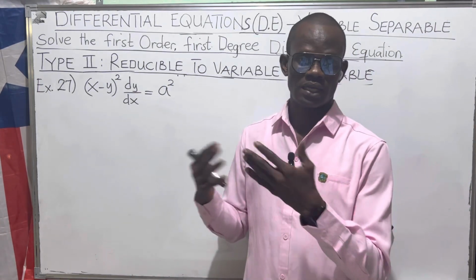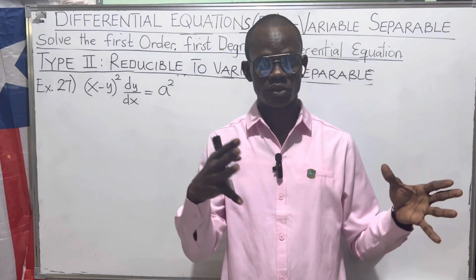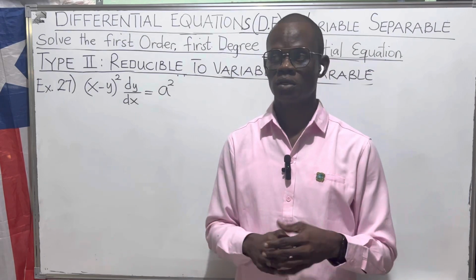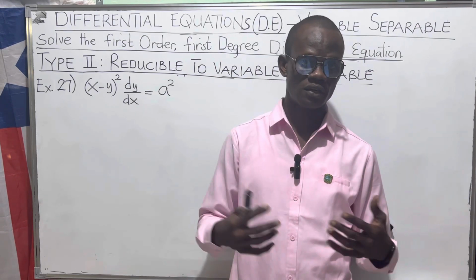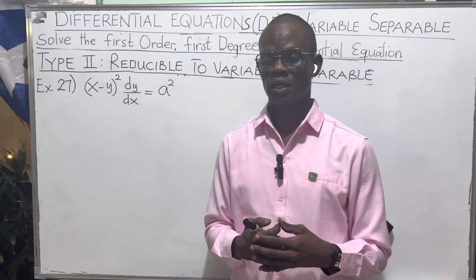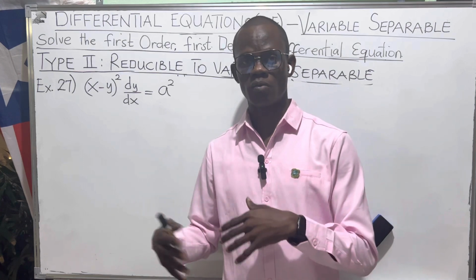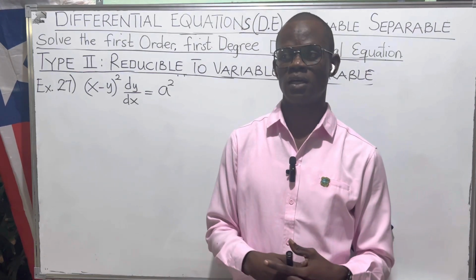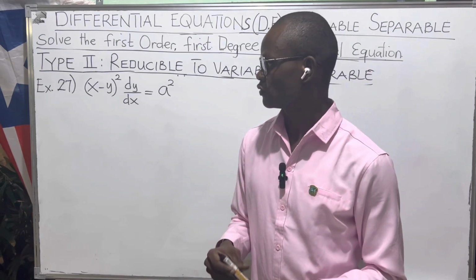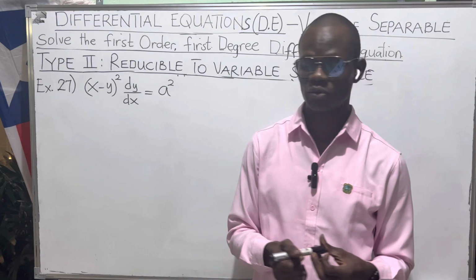But there are certain problems where you cannot easily separate the variables, so you will have to manipulate the problem first using some derivative and some substitution. Before the differential equation can be reduced to a variable separable problem, you cannot apply the variable separable method. So let's solve an additional problem on reducible to variable separable.